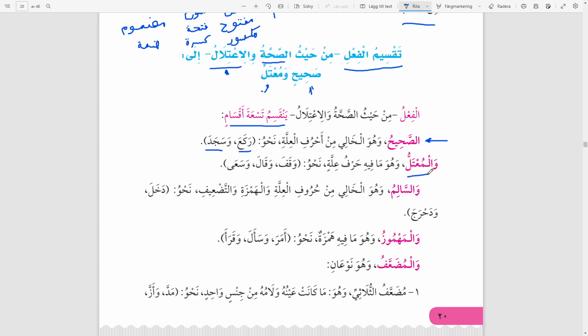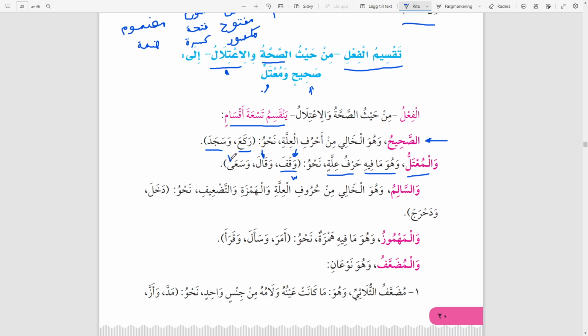Then you have the mu'tal, the flawed. And that is what has a flawed letter in it. So like وقف, it's not exactly a vowel, but it's pretty close. This is like a W in English, right? It's not a vowel per se, but waw is a vowel in certain cases. And then you have قال, alif, that's definitely a vowel.